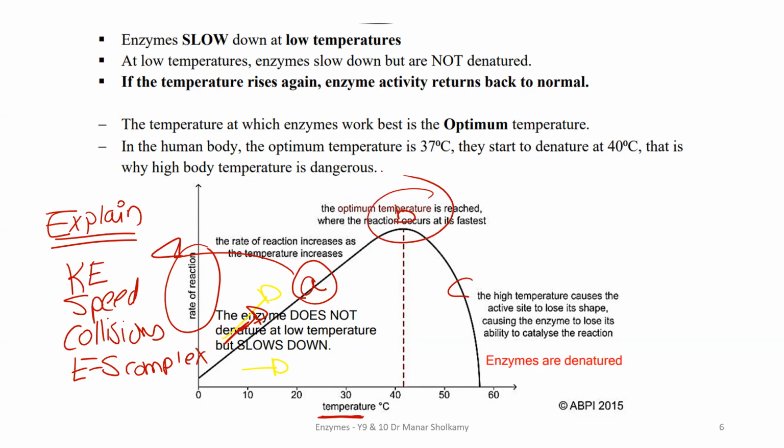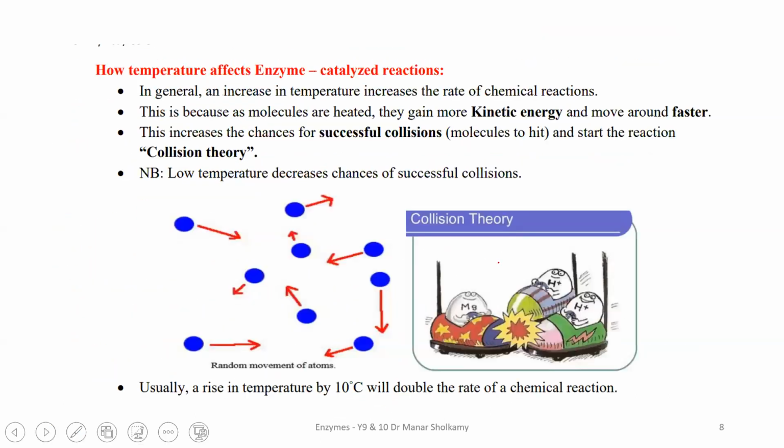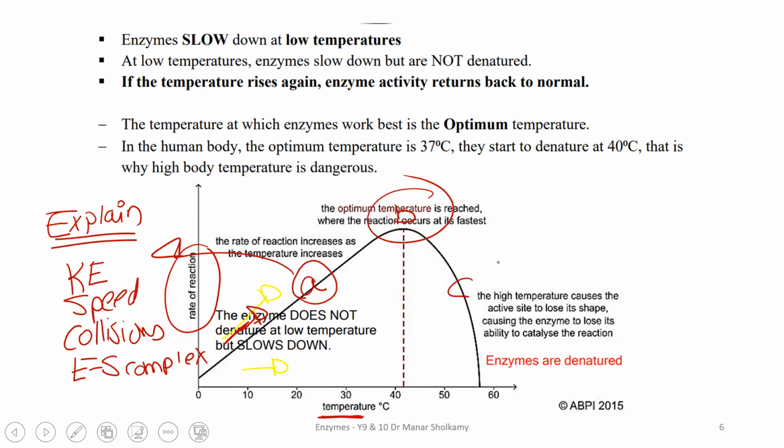B, optimum temperature. C, it's not enough to say it will denature. Yes, it will denature, but this is not enough anymore. It will denature because the bonds will break, because the shape will change, because the active site will not fit, etc., etc., etc. You will get the full mark. Clear? Good. Now, we want to actually do the experiment.